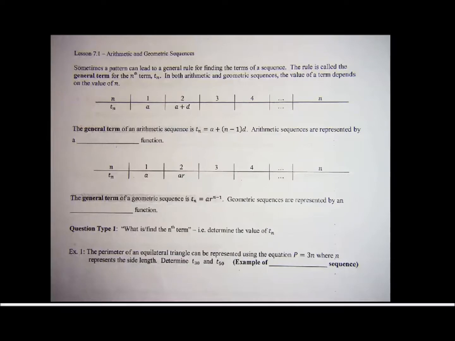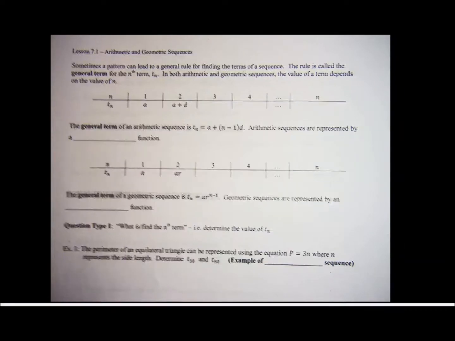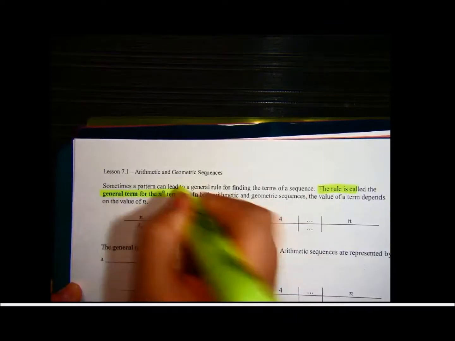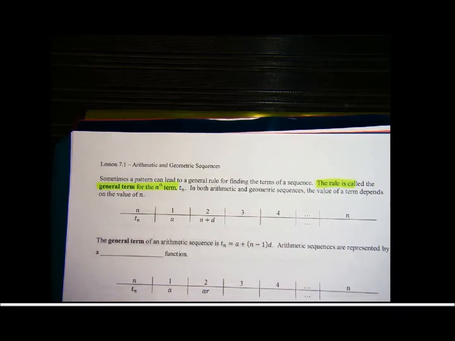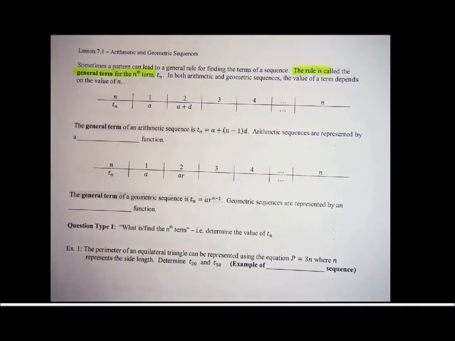So let's go over how we can find the formula for these sequences. Sometimes a pattern can lead to a general rule, and this rule is called the general term for the nth term. So in both arithmetic and geometric sequences, the value of a term depends on the value of n.